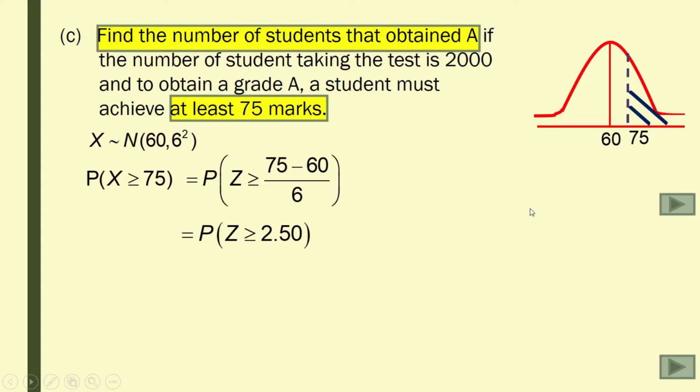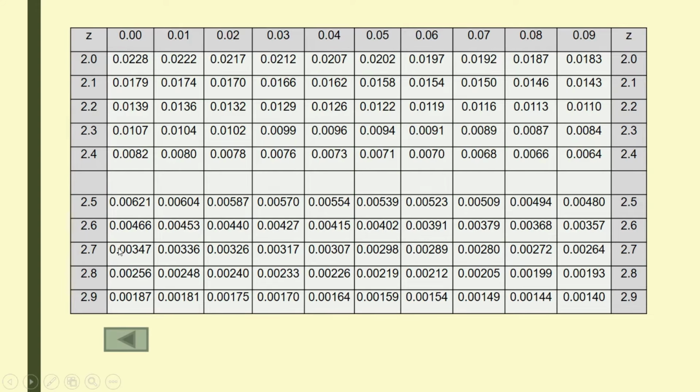We draw the Z distribution with 0 as the mean, and this area P(Z > 2.50). From the statistic table, 2.5 in the first column and 0.00 at the top, and the corresponding area is 0.00621.